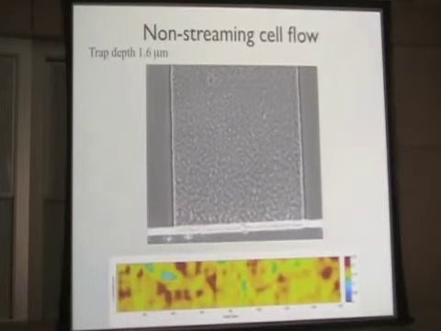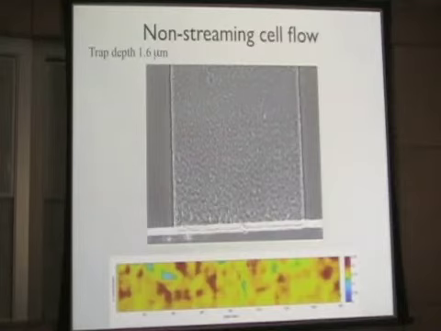This is the same measurement, and you see very little streaming here, with the same color scale. So the question is, what is different? Why does the narrow channel produce streams, and this wide trap does not produce much? Even though you still see the same effect, that cells in the back are small and cells in the front are big, there is not much streaming.